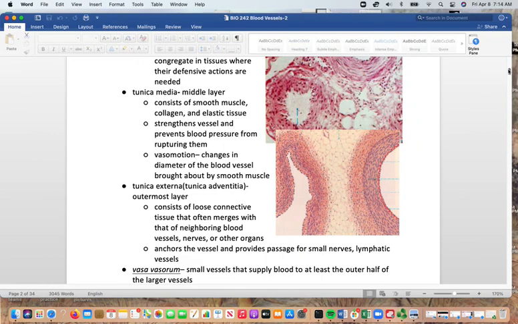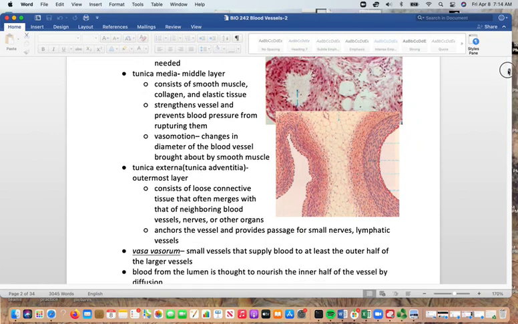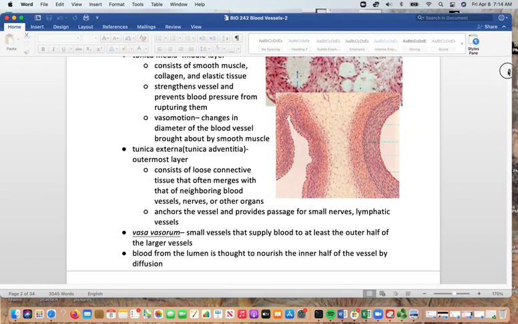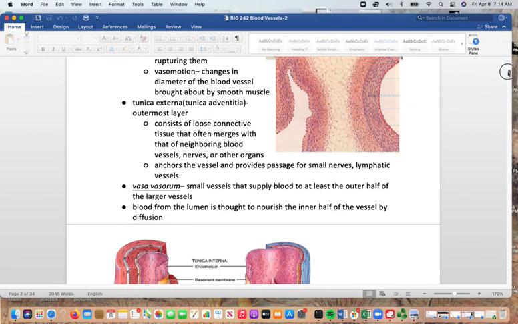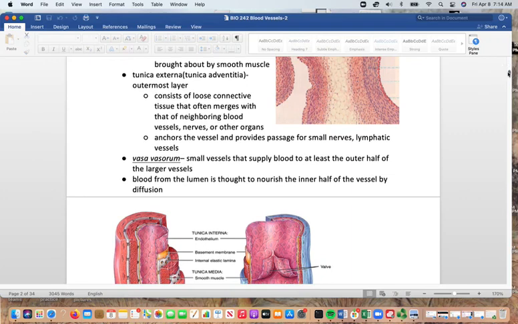Then the tunica externa or tunica adventitia is the outermost layer. It has loose connective tissue that helps to merge with the tissues of neighboring blood vessels and organs. It helps to hold them in place and provides a way for passage of the small nerves and lymphatic vessels.